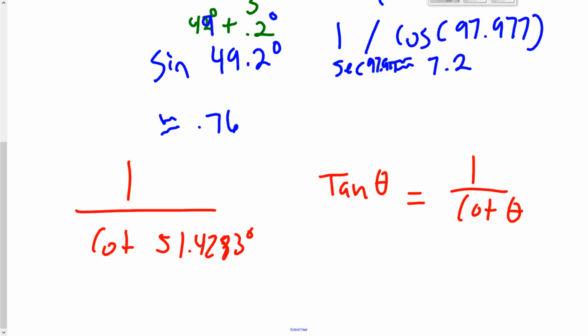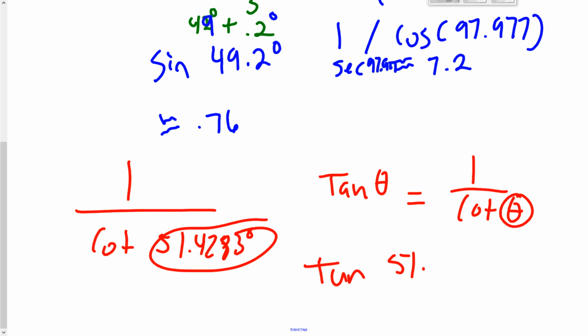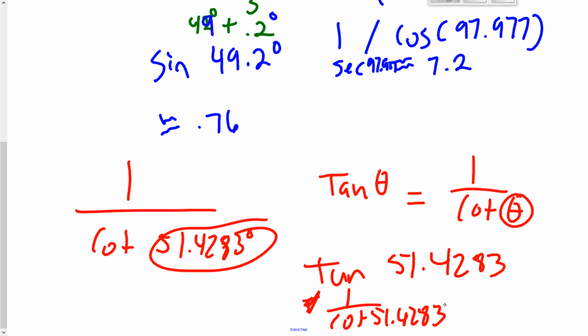We have cotangent on the bottom, so we can just take tangent of this angle, 51.4283. So 1 over cotangent of 51.4283 degrees is approximately, not equal to, but approximately close to 1.3.